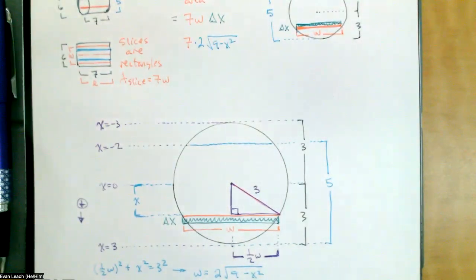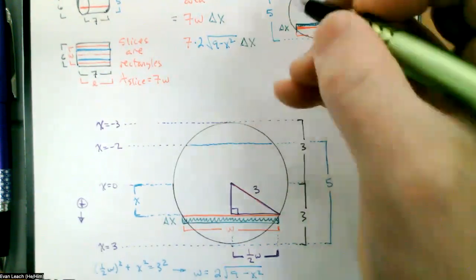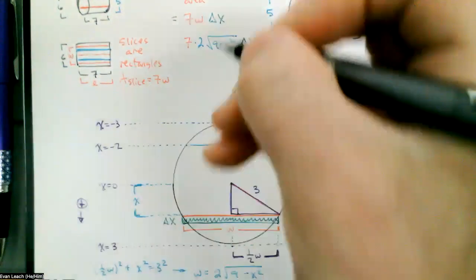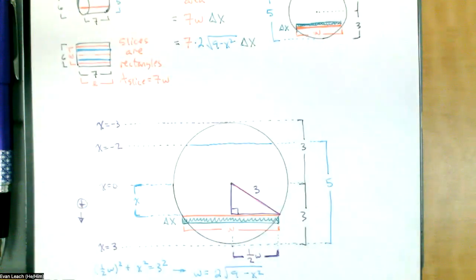And our height is delta X. Our slice is a rectangular solid, so it makes sense. We're not surprised that we just have length times width times height. Now that we've got a formula for the volume of the slice, we've finished our development phase.